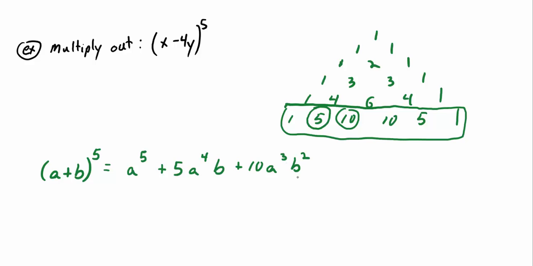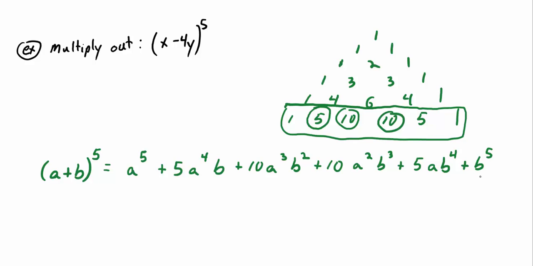Got to be 2 for 3 and 2 to add to 5. That's a good way to think about it, right? You can't go wrong there. What's the next one going to be? 10, right? This 10 right here. a squared, b cubed. The next one? 5ab to the 4th. The next one? It better be b to the 5th.